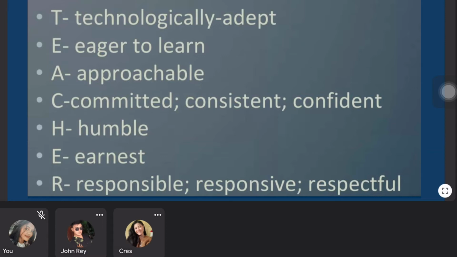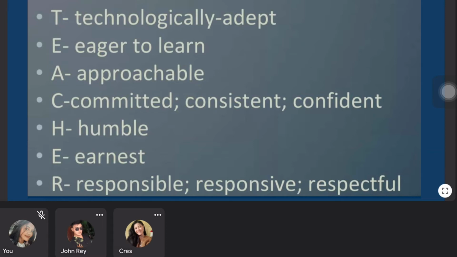Next is letter R: responsible, responsive, and respectful. So yes, student teaching is a serious field for us students. So we should be responsible for the task given to us, to whatever task our critic teacher, our professor or instructor will give us.